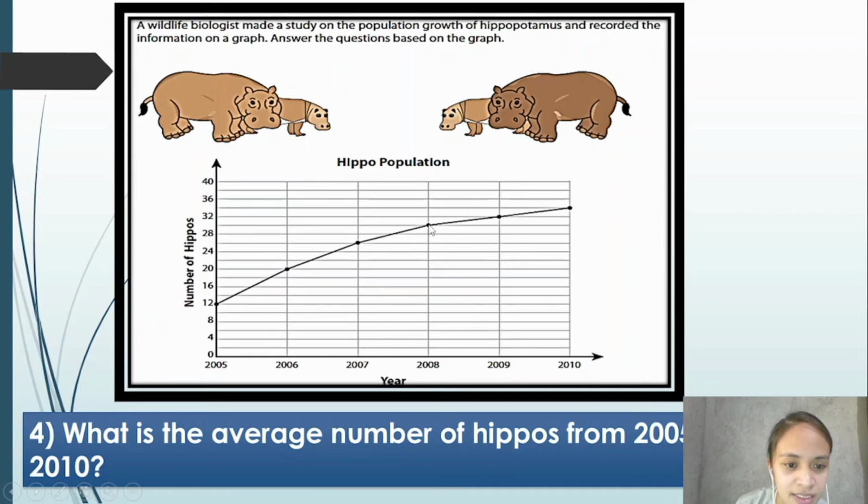Plus 30 plus 32 plus 34, divided by how many years? 1, 2, 3, 4, 5, 6. 6 years.